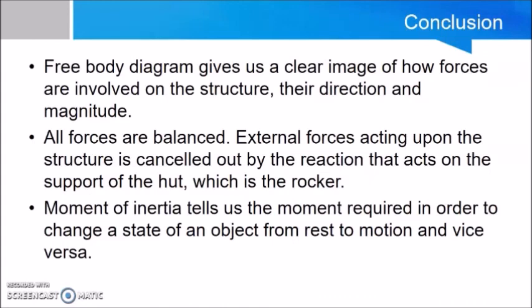The external forces acting upon the structure are always cancelled out by the reaction that acts on the support of the hut, which is the rocker, so that the resultant force is always zero. Thirdly, the moment of inertia tells us the moment required in order to change the state of an object or a structure from rest to start a motion or vice versa.